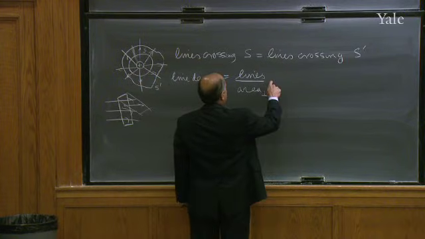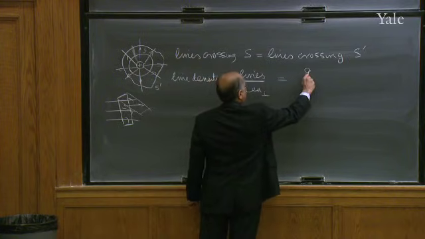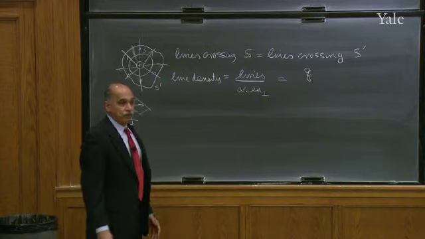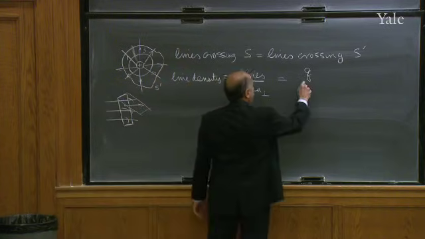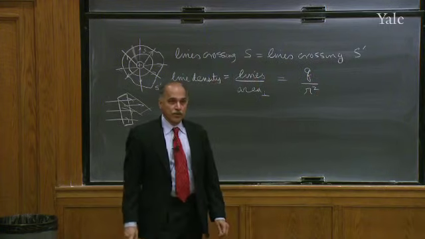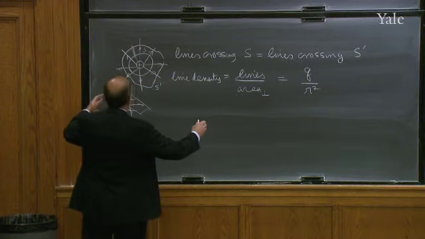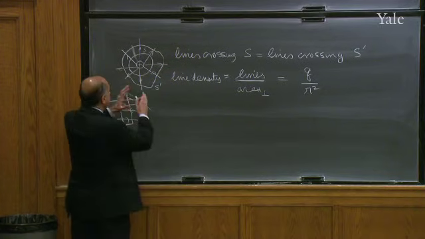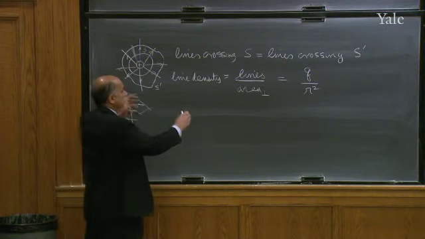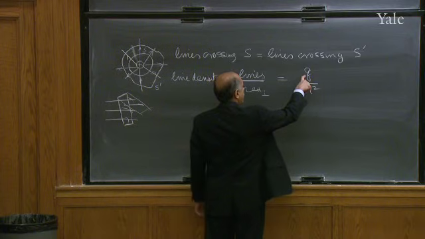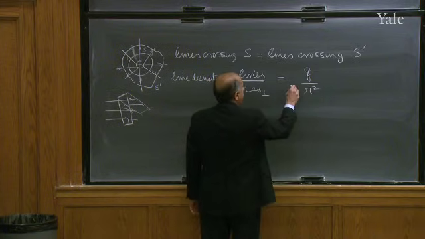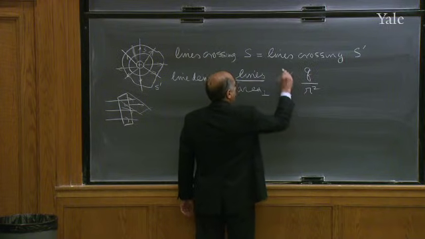Line density is going to be proportional to the charge you have, because we agreed we will put some number of lines per coulomb, and it's inversely proportional to the radius squared, because the area of a sphere of radius r is 4 pi r squared. So if you cut it with a bigger sphere of bigger radius, the density, lines per area, will go like 1 over r squared. So it's proportional to Q. It's proportional to 1 over r squared. Okay? So let me write it not equal to, but proportional to.